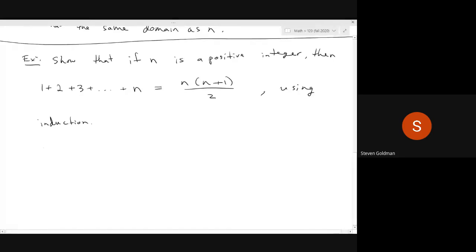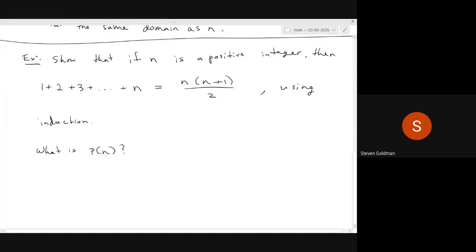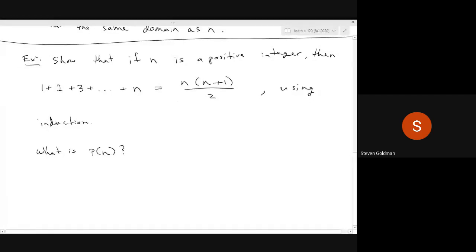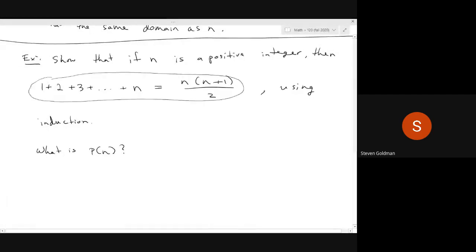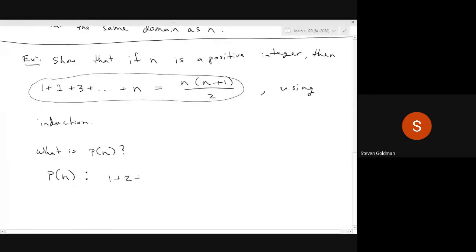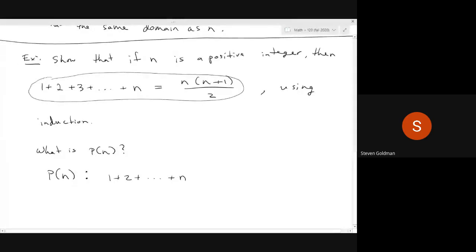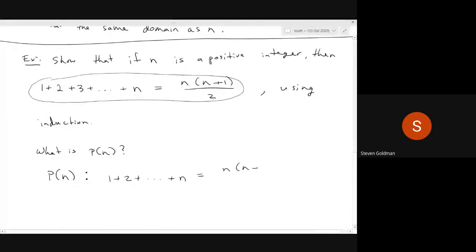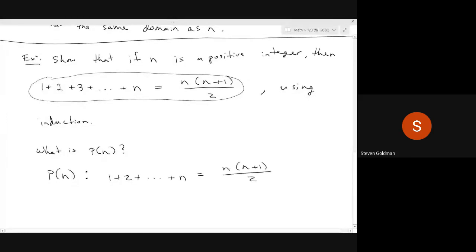So what is P of n in this problem? P of n is just the summation formula. It's the statement that 1 plus 2 plus dot dot dot all the way up to n equals n times n plus 1 divided by 2. That's our P of n.